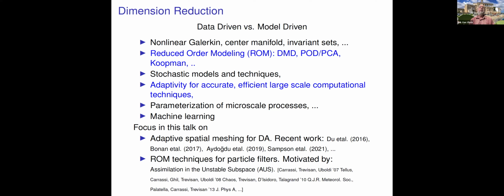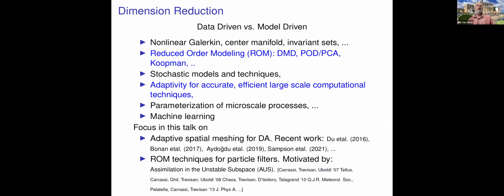There's stochastic models and techniques. Another one that I'll talk about is adaptivity. We can do adaptivity in both space and time, parameterization of microscale processes, and I would be remiss these days to talk about dimension reduction without at least putting the words machine learning in there.